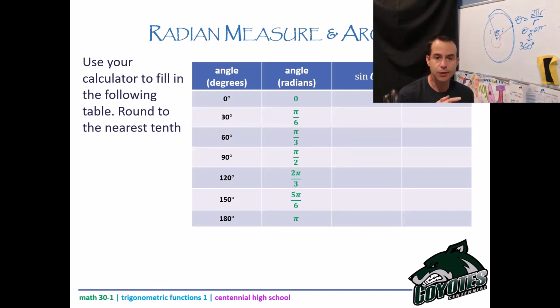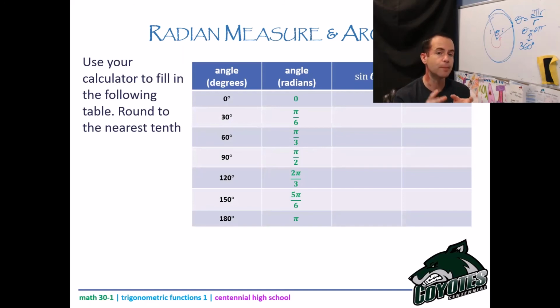If you're a Casio kid, you will go shift setup and then go down to angle, and you have your F1, F2 and F3 which will toggle between degree, radian, and gradian. So just pick the one you want and then exit. If you are a TI kid, you'll press the mode button and go down 3, right 1, hit enter on degrees or leave it in radians, whichever one is highlighted there is the one you're in.